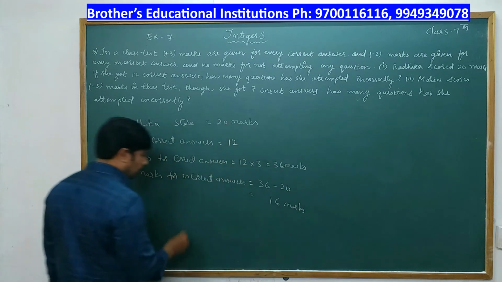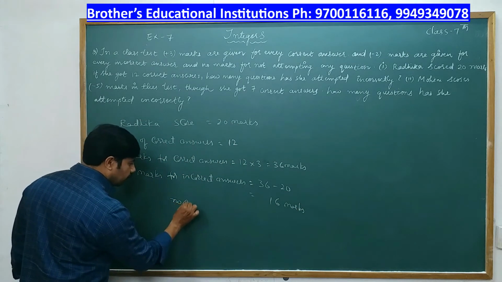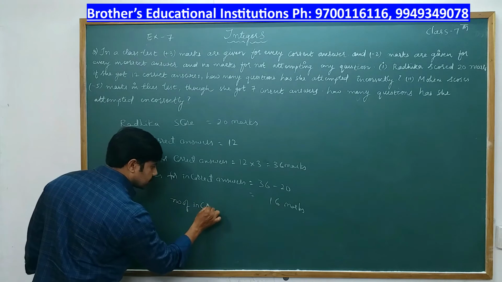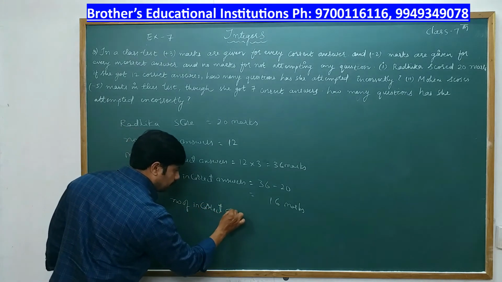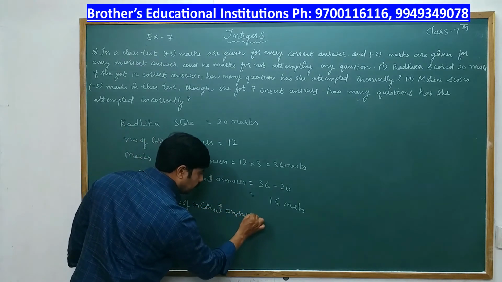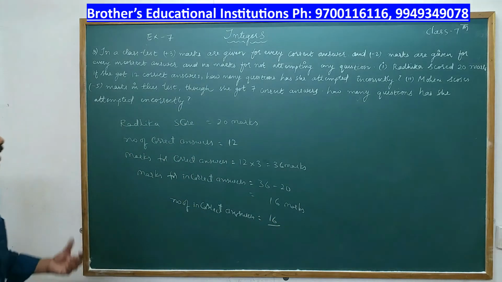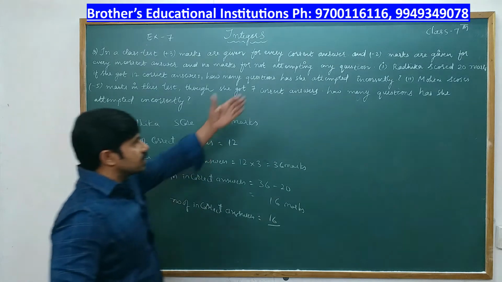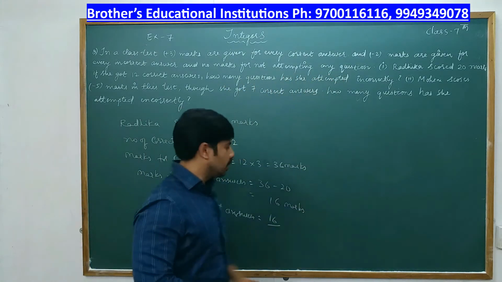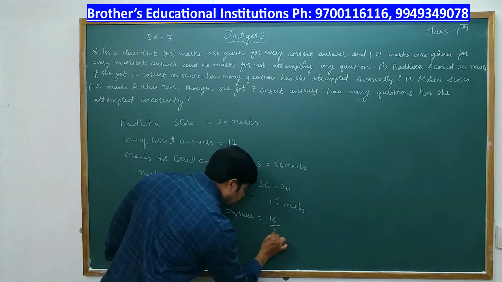Now we can find out the number of incorrect answers. The number of incorrect answers is nothing but 16 divided by, for incorrect answers, how many marks are getting deducted? 2 marks. So just do 16 divided by 2.